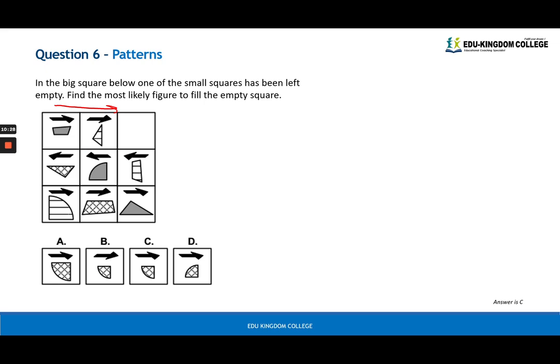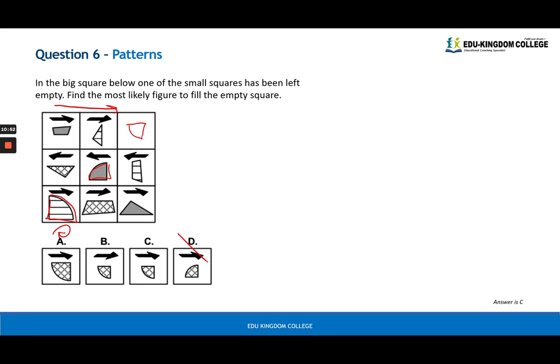How should it be oriented? Well, you can see here that it's rotating, isn't it? It's rotating in which direction? Anti-clockwise, going upwards. So it should end up in this position, which cancels out D.